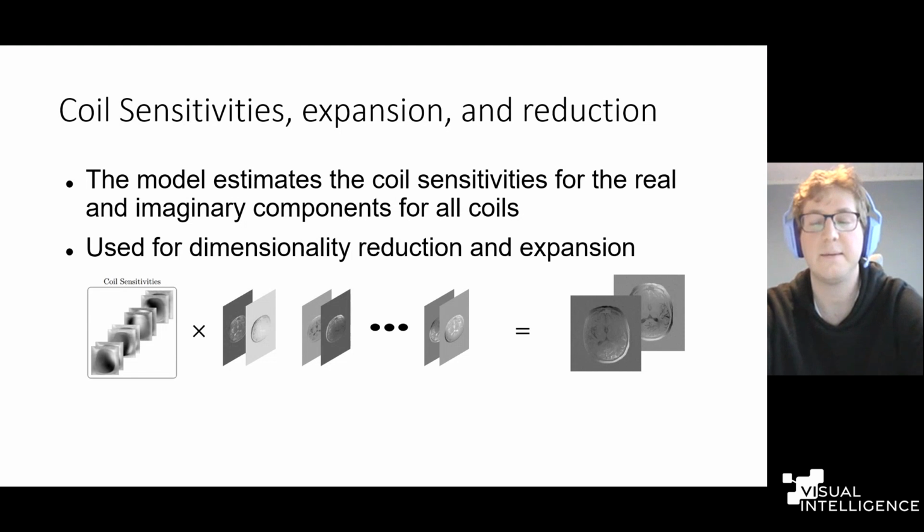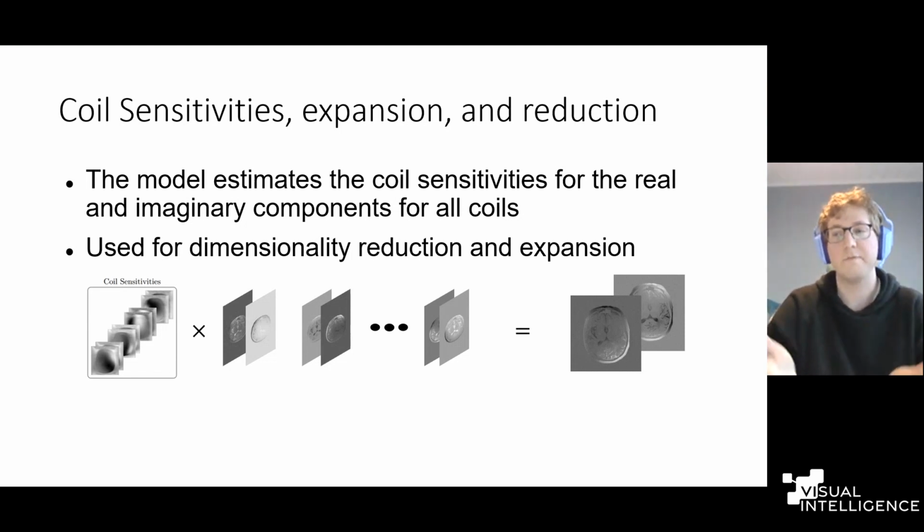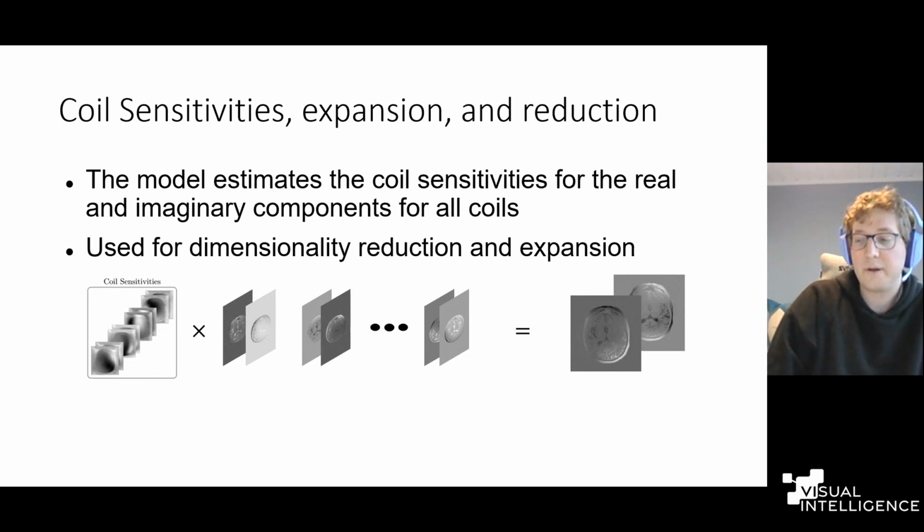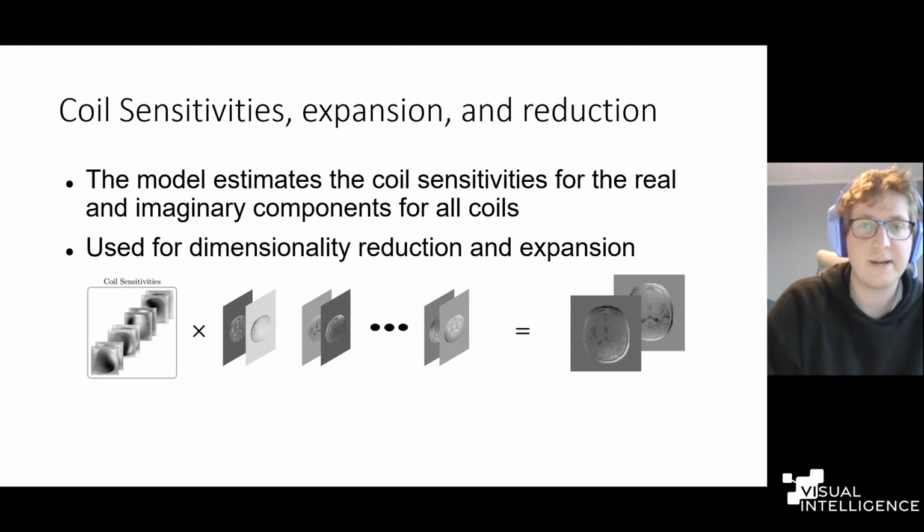You end up with the real and imaginary component of the sum of all the coils. So we go from, say, 30 coils down to 1. That's both a lot faster if you want to process the data, but also a lot less memory intensive during training.